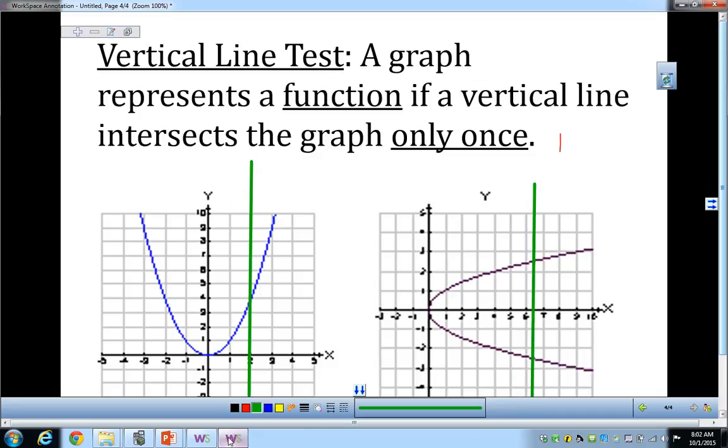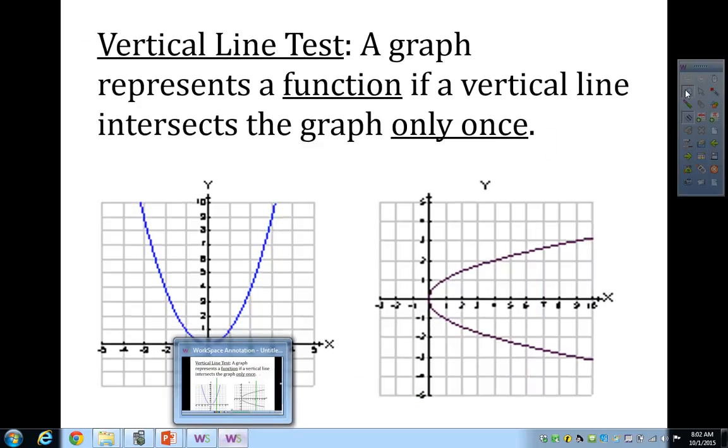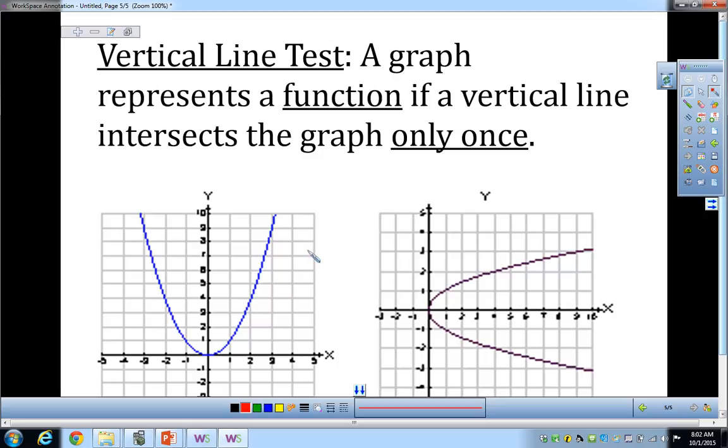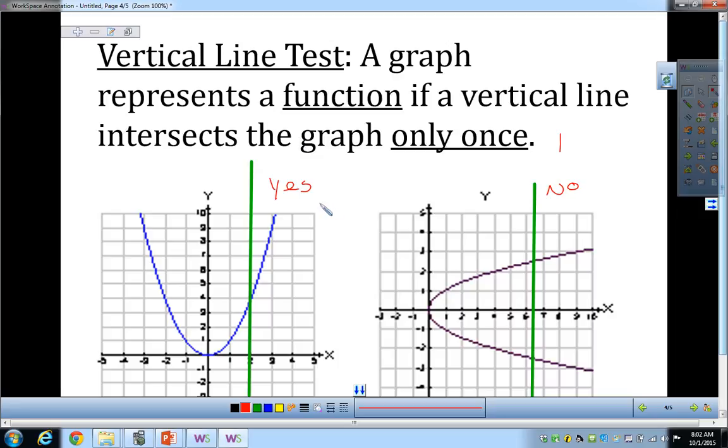Therefore, this one here is, where did my vertical lines go? Go back. There. So this one here is yes, and this one here is no. Right? Not a function. Yes? A function. No, not a function.